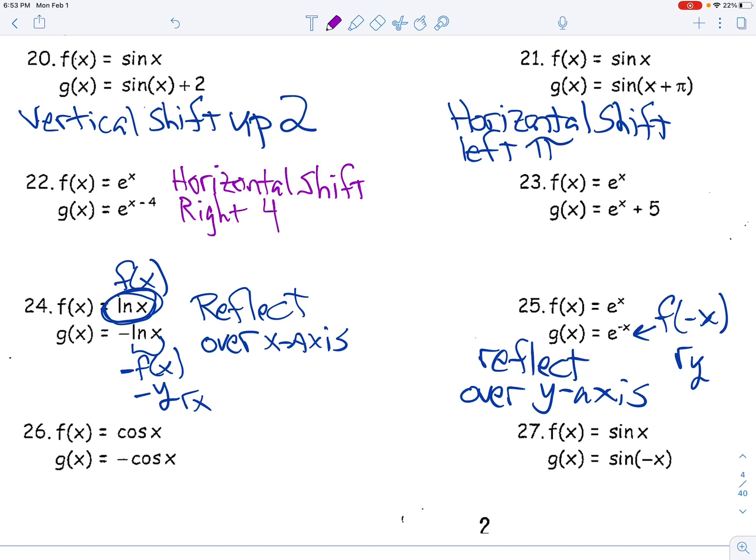All right. Now, number 23. You have e to the x, and then you have e to the x plus 5. Here, the number is not in with the x. This is a vertical shift.